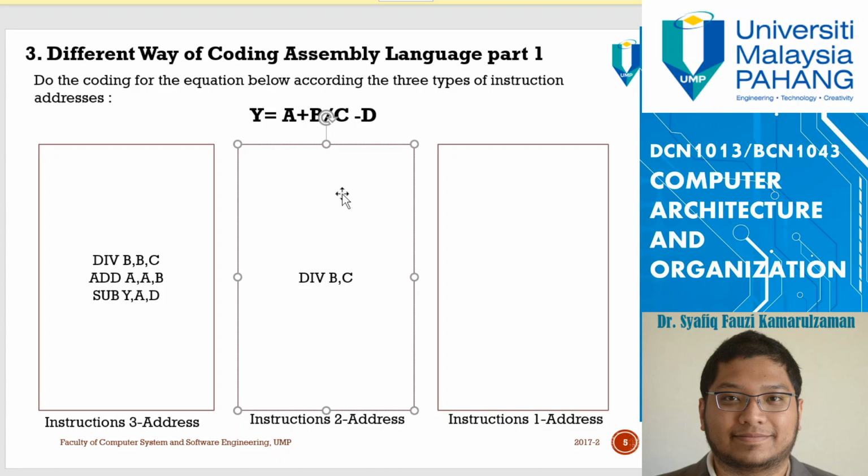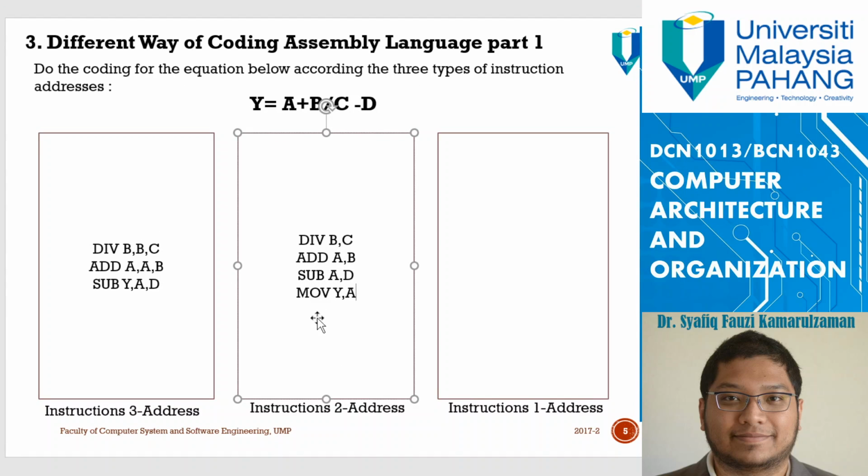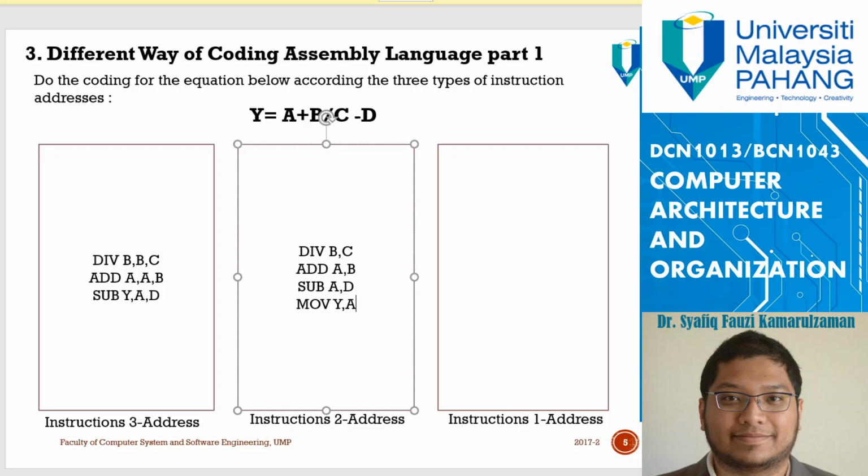You divide B with C and the answer will be stored in B, and then you have add A B, then sub A D, and finally move Y A. Sub A D means that A is subtracted with D and stored in A, and if you want to put it in Y, you put move Y A, meaning the answer in A is moved into Y.